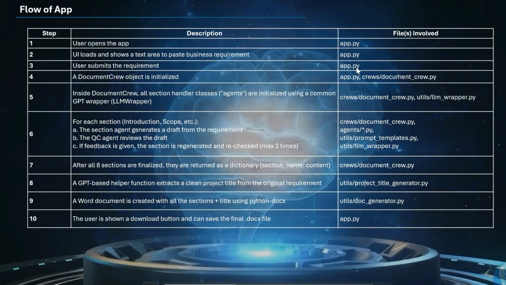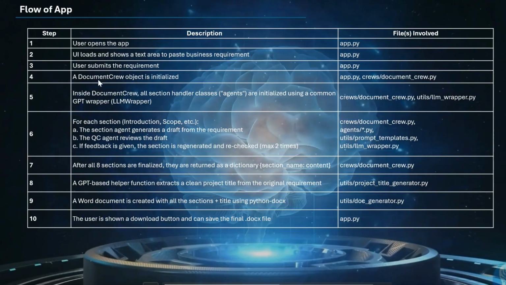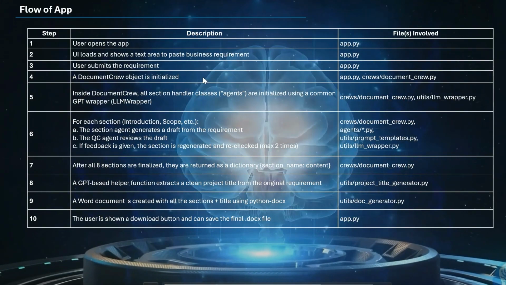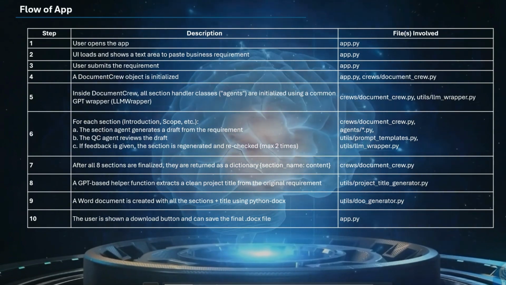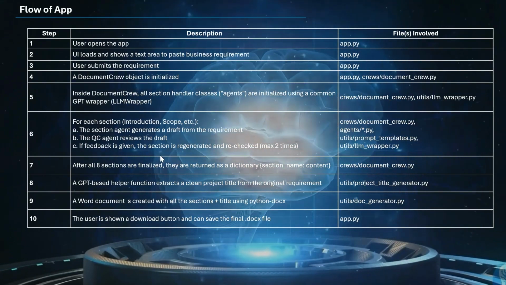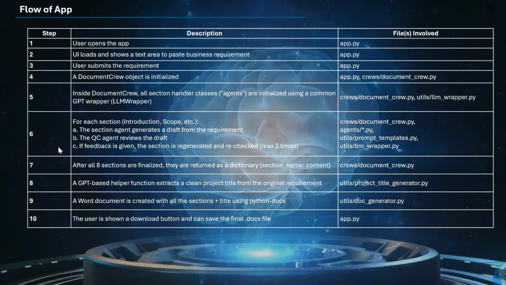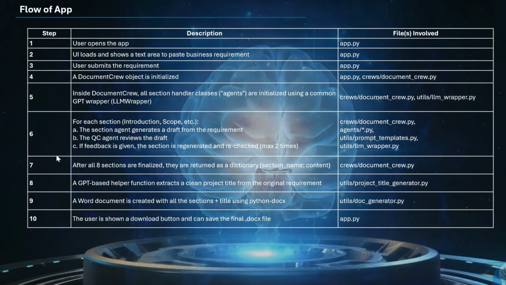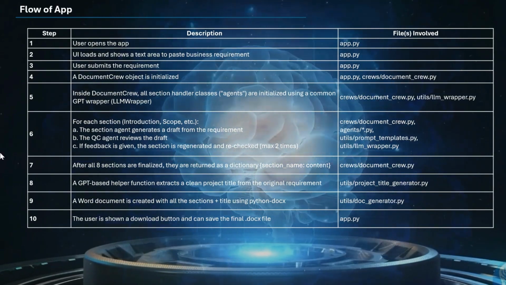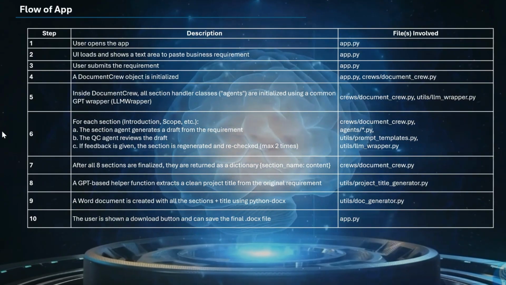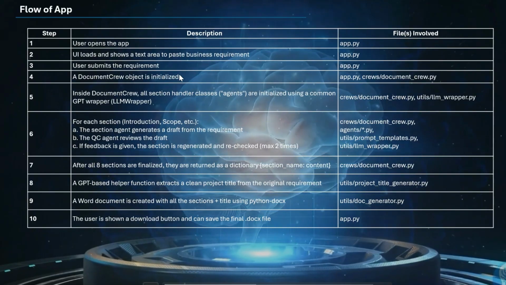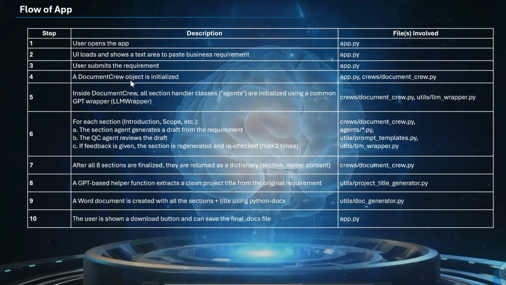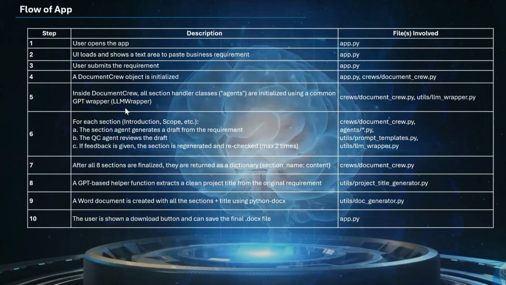comes from the app.py file. Then it initiates the document crew object, which starts calling all the agents or the framework I have designed, or Python classes that I have designed in individual files. So this is the main orchestrator agent, document crew, which is basically acting as an orchestrator.